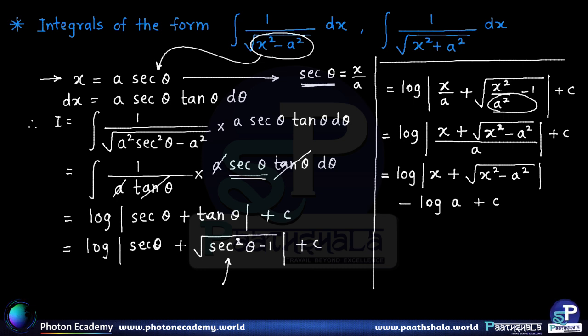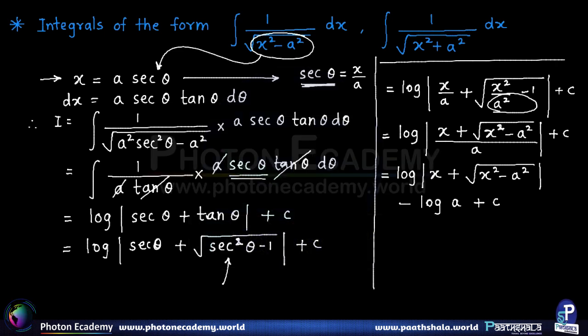Now if you see, log a is also some constant because a itself is a constant. So therefore the last two terms can be definitely merged into another constant, which is ultimately a constant only.